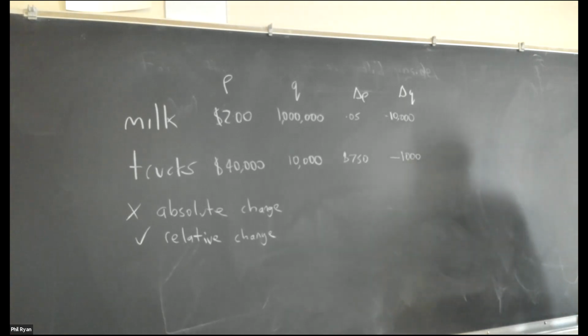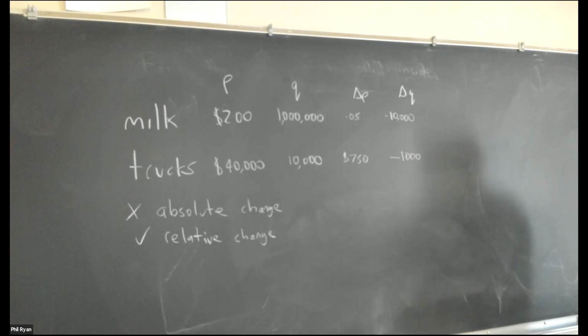That's how you would compare different markets, how you would compare different goods, right? You're asking, are we doing better in Albuquerque than we are in Dallas? We might have more in Dallas, but say we rise by 10% in Albuquerque and 3% in Dallas.